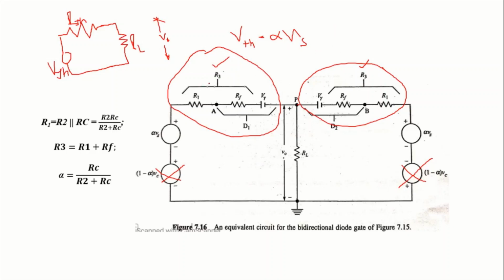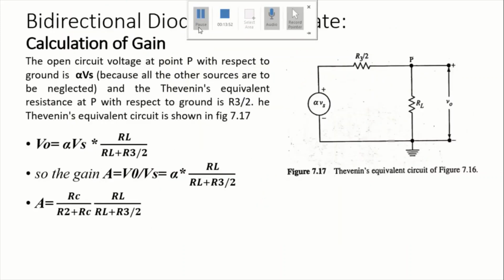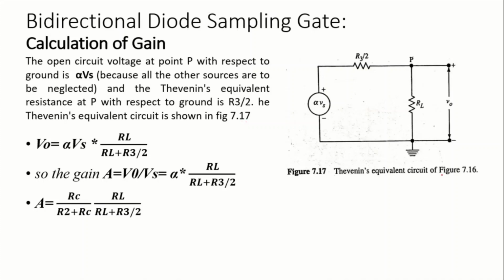So RTH will be R3 parallel with R3, that is RTH equals R3 by 2. So by reducing this using a Thevenin's equivalent circuit across the RL terminal, the circuit will finally be reduced to this form. This is the final Thevenin's equivalent circuit, from which we can easily find the gain, the voltage across this load resistance V0.